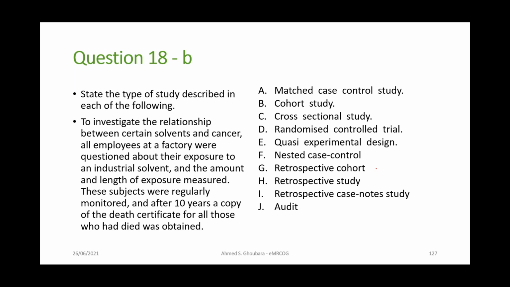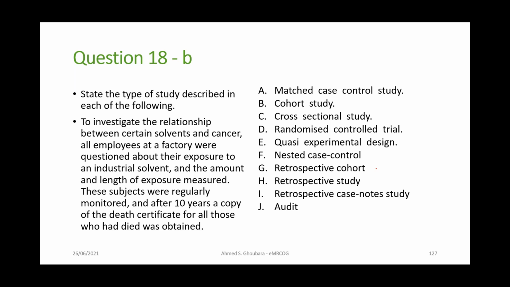That's a pretty simple, straightforward one. So you start this time with exposure, a certain solvent and cancer. All employees at the factory. Why is it not case control? You start with an exposure, your start point is an exposure to industrial solvent. So you got 100 factory employees with exposure, and the other 100 with no solvent exposure.